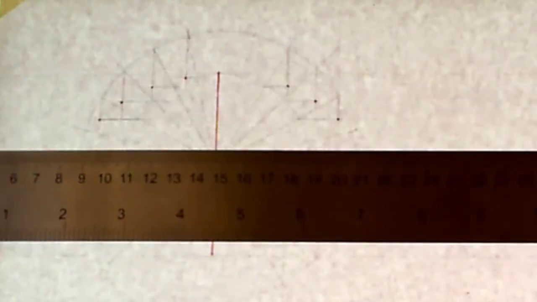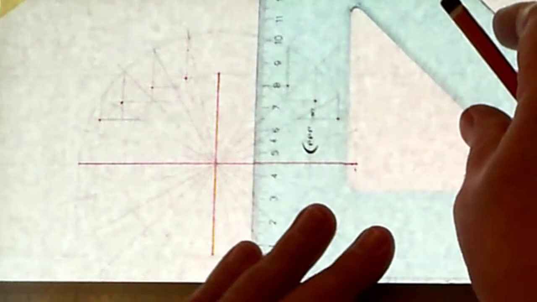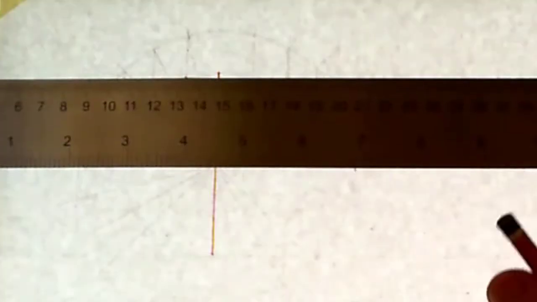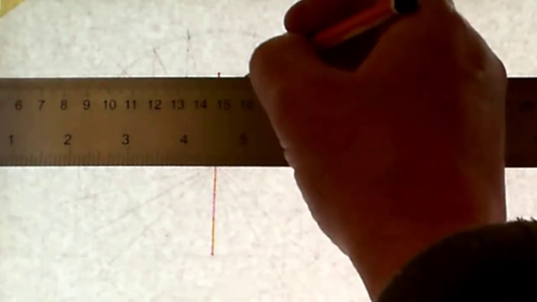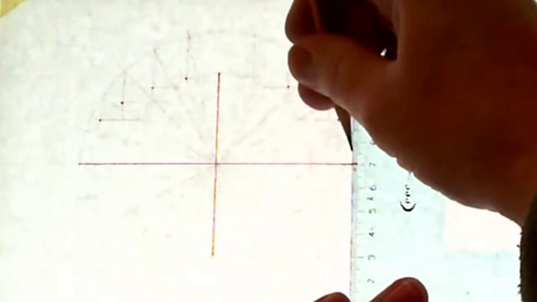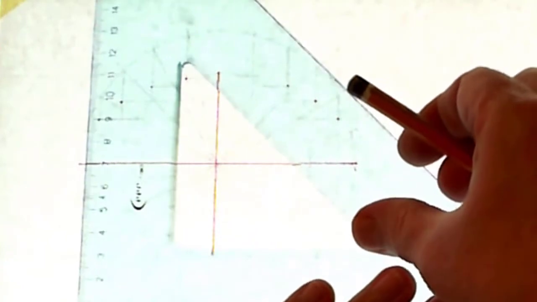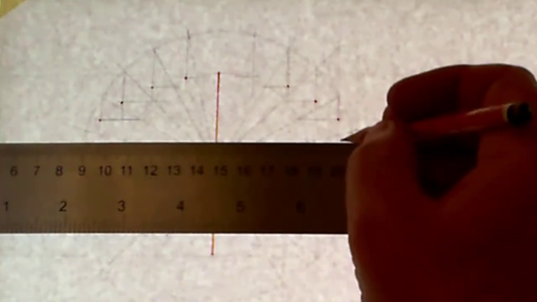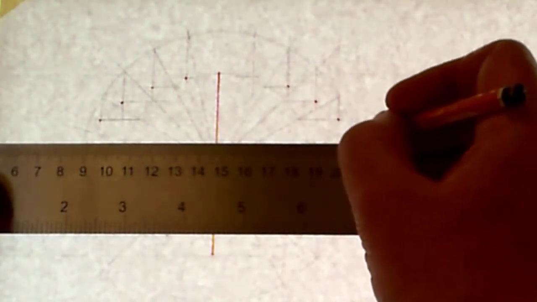Bring this point down, and this point across. Do the same for here. So this point on the outside here, the 15 degree line here, bring it down, and then bring the points on the inner circle across.